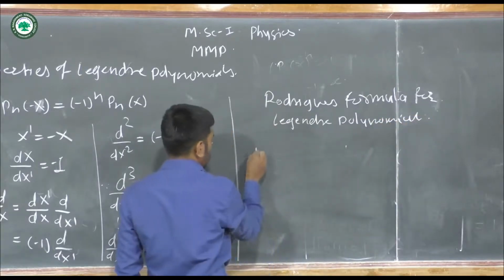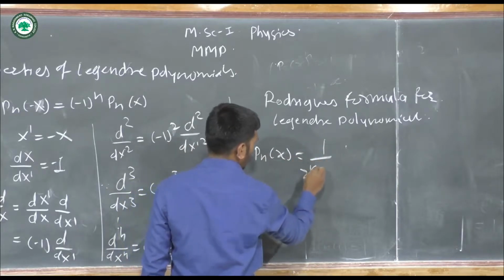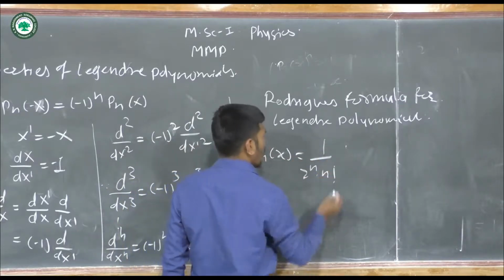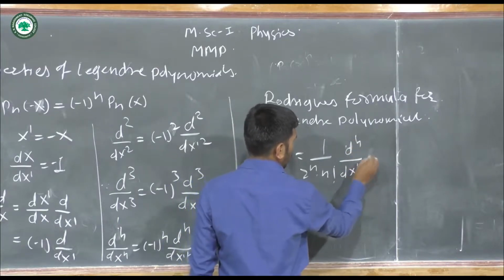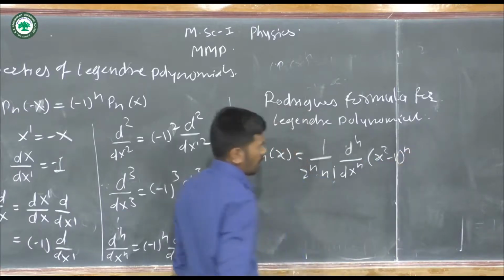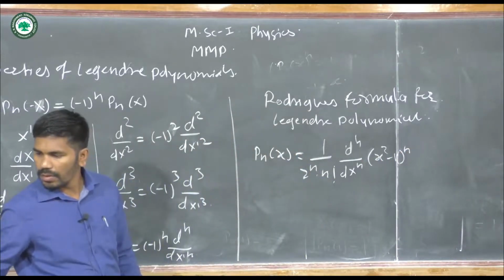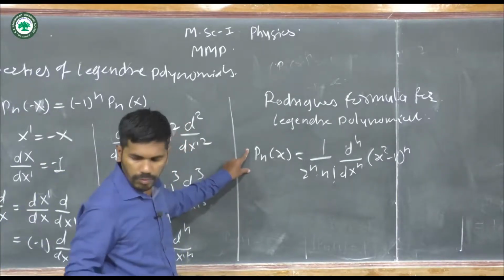Pn(x) is equal to 1 by 2 power n times n factorial, d power n by dx power n of (x square minus 1) power n. So this is your Rodrigues formula.